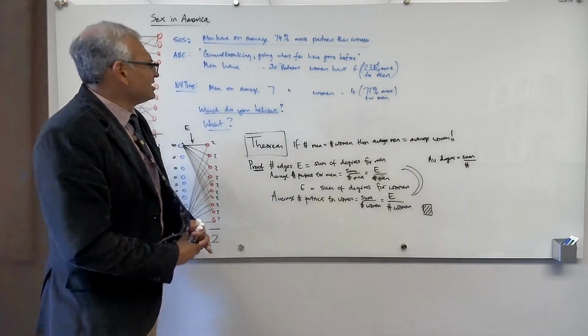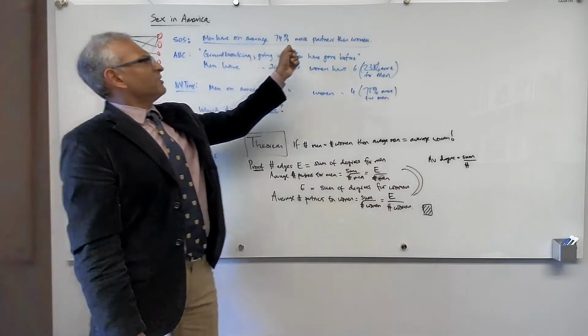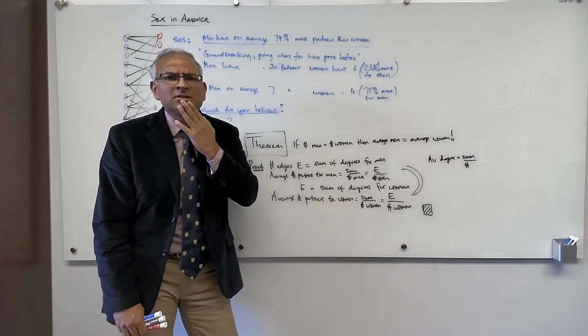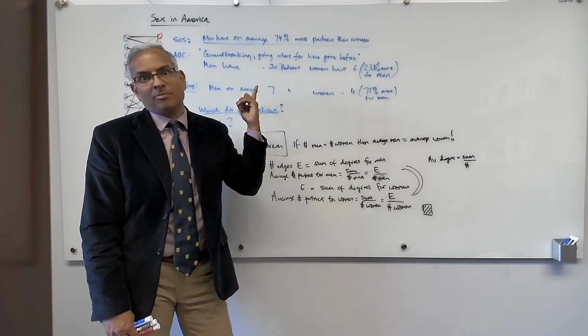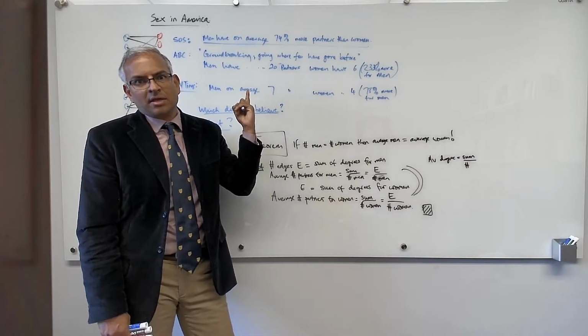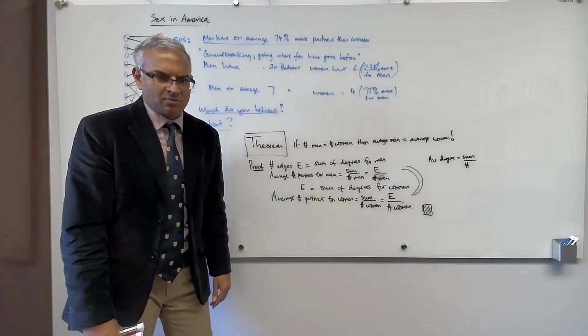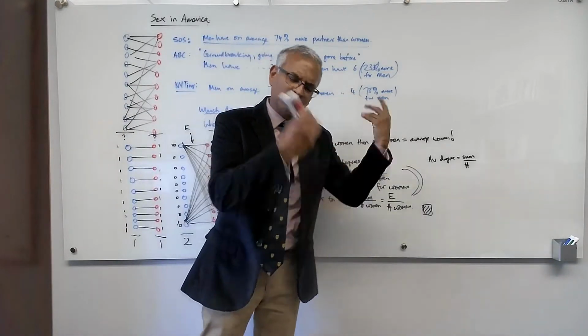So why doesn't the media say, men have 74% more partners than women, but by the way, something must be wrong with our data because that's not possible? That's not going to make headlines. Okay. And now, lots of people can conjecture as to why the data shows this and what's going on. Maybe men overreport, women underreport, who knows? Okay.